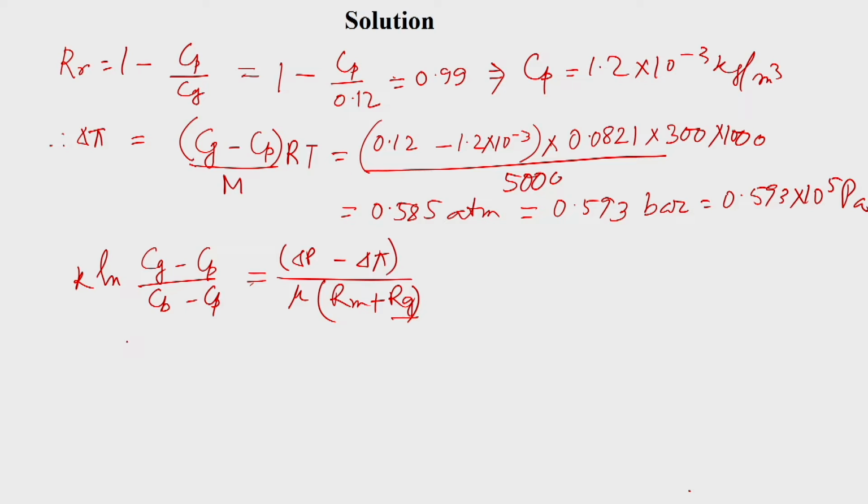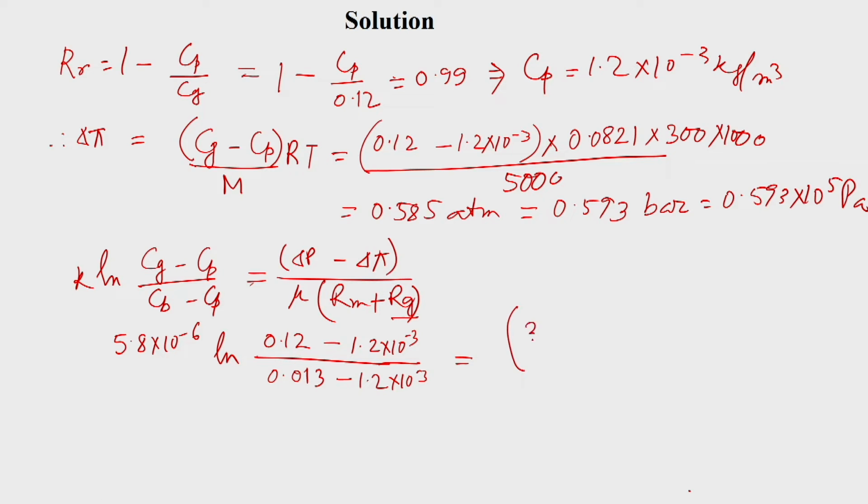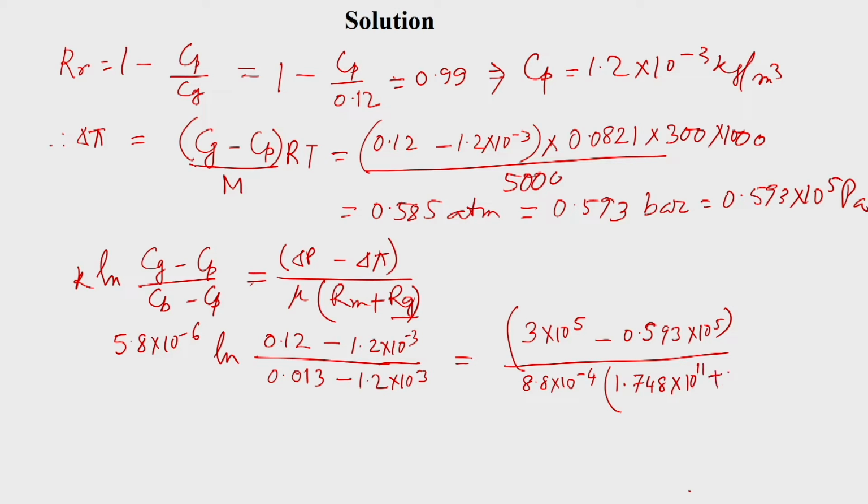Okay. So, now we will be putting k equal to whatever we got, 5.8 into 10 to the power minus 6, ln of Cg equal to 0.12 minus 1.2 into 10 to the power minus 3, divided by Cb equal to 0.013 minus Cp, that is the same 1.2 into 10 to the power minus 3, is equal to delta P equal to 3 into 10 to the power 5 minus 0.593 into 10 to the power 5, by mu equal to 8.8 into 10 to the power minus 4, into Rm, we got this as 1.748 into 10 to the power 11, plus Rg.